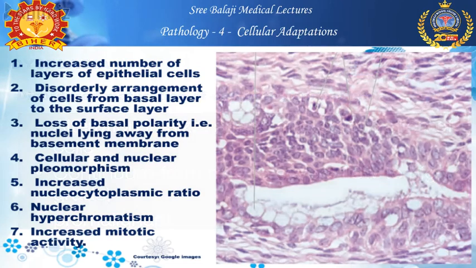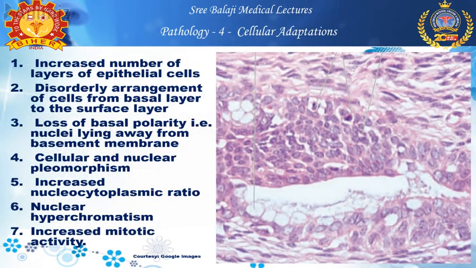The major features of dysplasia are an increased number of layers of epithelial cells, disorderly arrangement of cells from the basal layer to the surface layer, loss of basal polarity, that is nuclei away from the basement membrane, cellular and nuclear pleomorphism, increased nucleocytoplasmic ratio, nuclear hyperchromasia and increased mitotic activity.